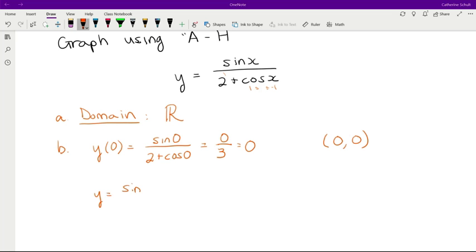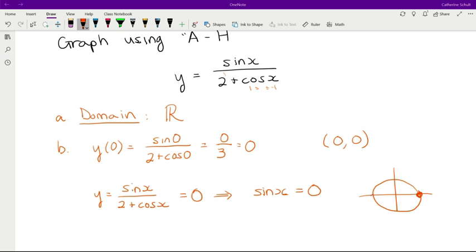And then the x-intercepts are when this function equals 0, and the function is 0 when the numerator is 0. Function's undefined when the denominator is 0, but it's 0 when the numerator is 0. So we have to think, when is sine x equal to 0? And that's at the multiples of pi, right, as we're going round and around the circle.